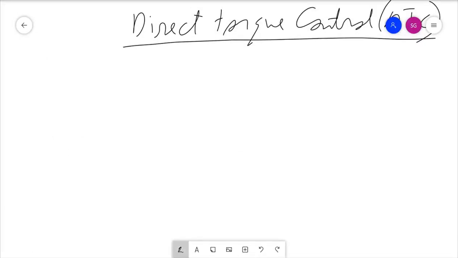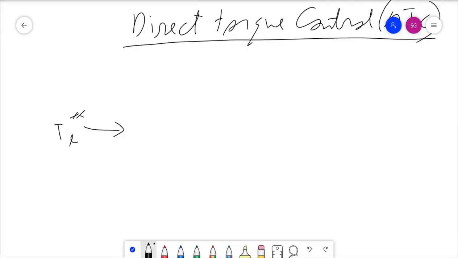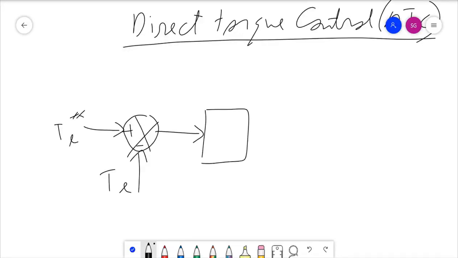So there is a speed controller. So speed controller will give you the torque reference signal, and this will be directly compared with the torque generated by the motor. And this will be controlled through a hysteresis controller. You might have studied it, you might have not.